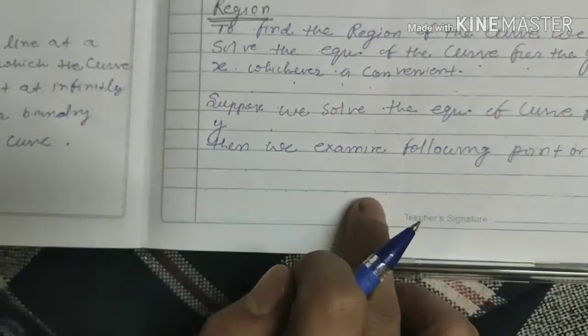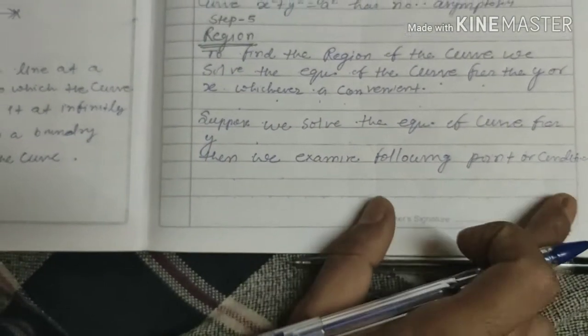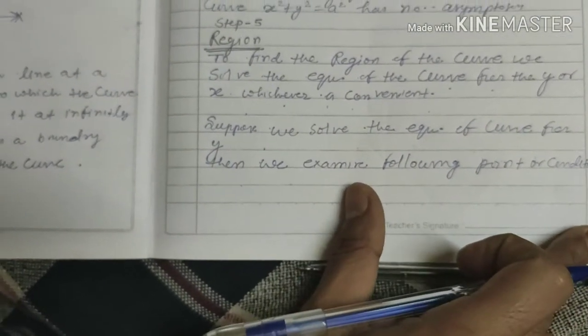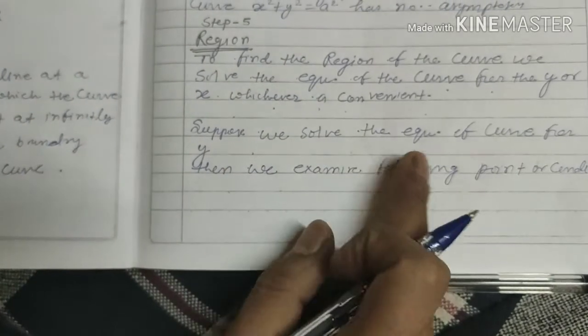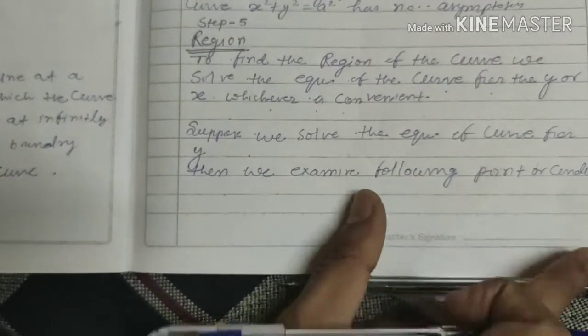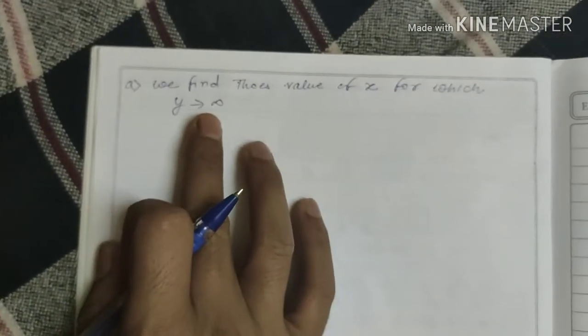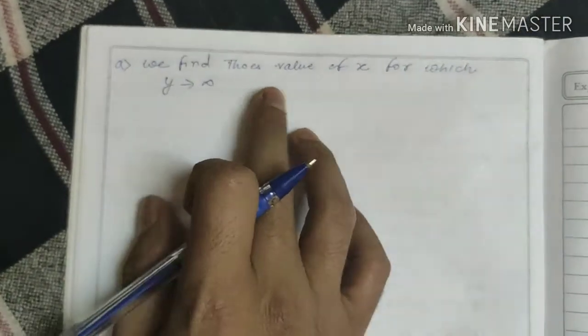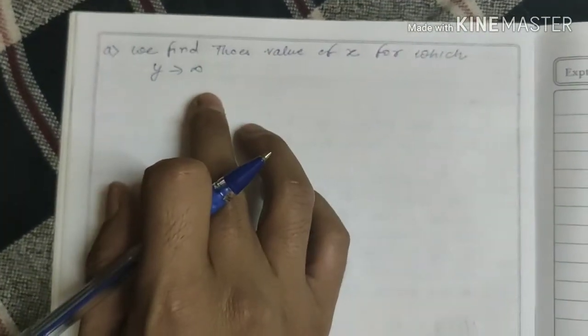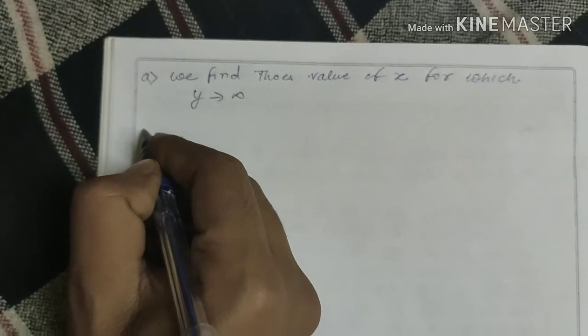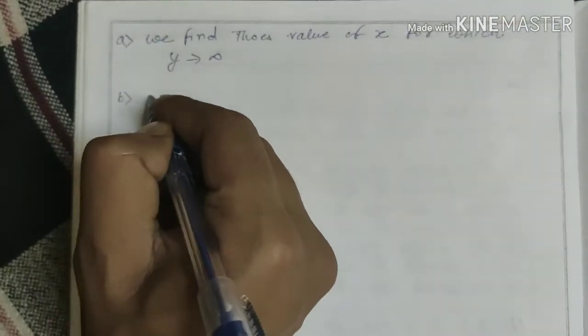After solving the equation of a curve, we examine the following points or conditions of a region. So the first condition is that we find those values of x for which y tends to infinity.